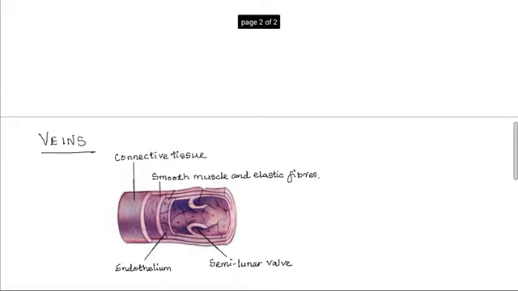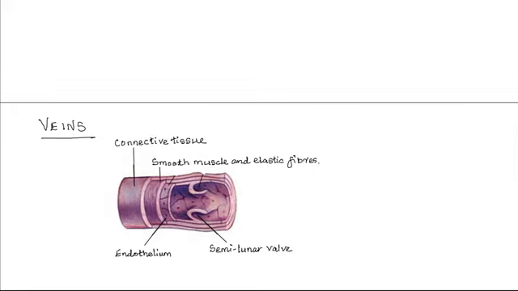Then the veins. Structurally, the veins are very similar to the arteries in that the walls are made up of 3 layers. There's the innermost endothelium, the tunica interna, the tunica media made up of smooth muscles and elastic fibers, and the tunica externa made up of connective tissue.